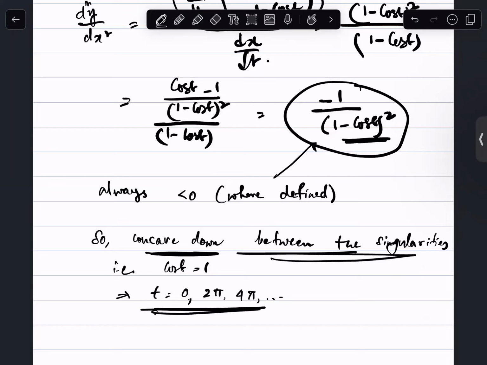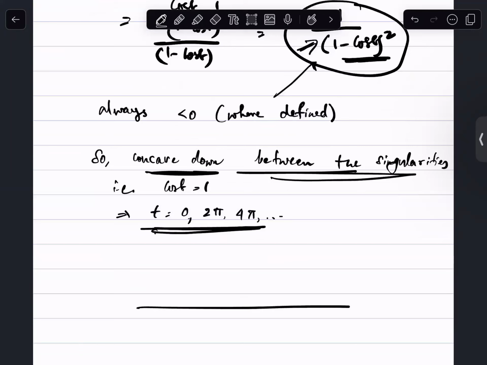At t equal to 0, 2 pi and 4 pi and so on, this denominator will be 0, so the second derivative will be undefined. Except at those points, all of the other points will be concave downwards.